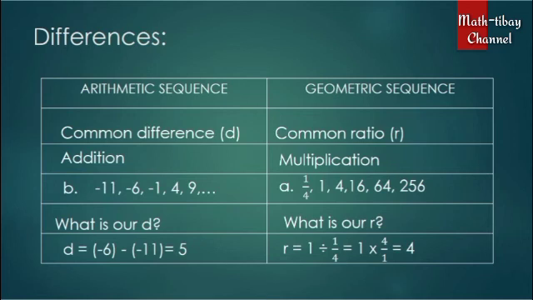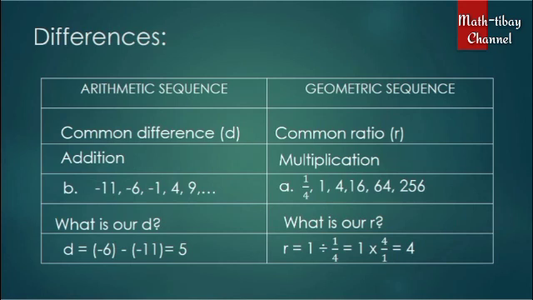Then we have 1 times 4 over 1. Bakit naging 4 over 1? Kasi in-apply natin yung reciprocal, ni-reciprocate natin yung fraction. So, 1 times 4 is equal to 4 over 1, that is 4. So, our common ratio is 4.